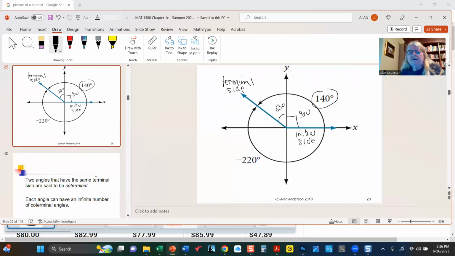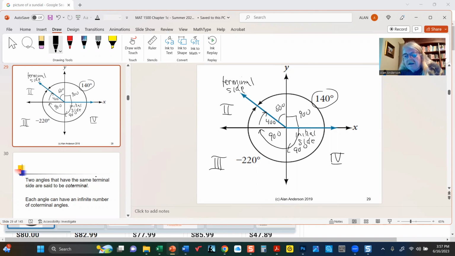If we go this way, we're going 90 degrees to the first quadrant, 90 more degrees to the, sorry, not the fourth, 90 more degrees to the third quadrant, and then another 40 into the second quadrant.